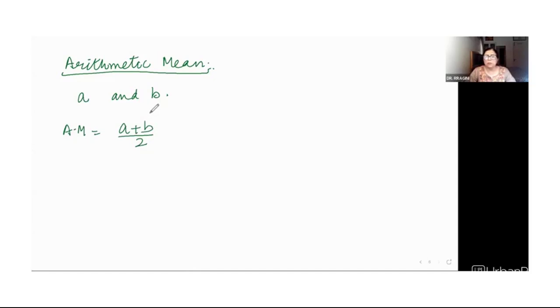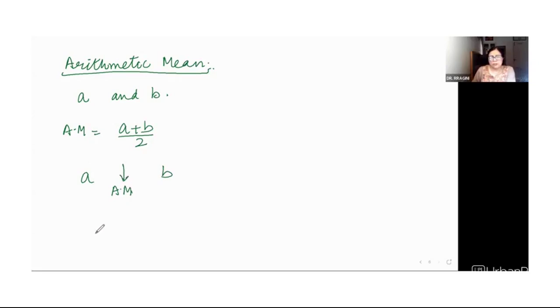This is the same thing we do in statistics, a measure of central tendency, finding the mid value of the data. With two numbers, we simply take the sum and divide by 2. So the AM lies in the middle of these two numbers. Now, what is the usage of this AM in arithmetic progressions?